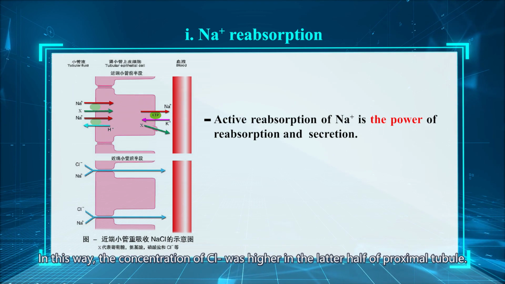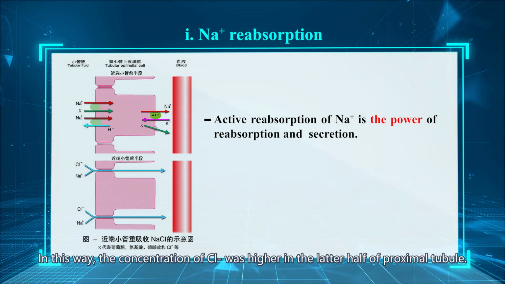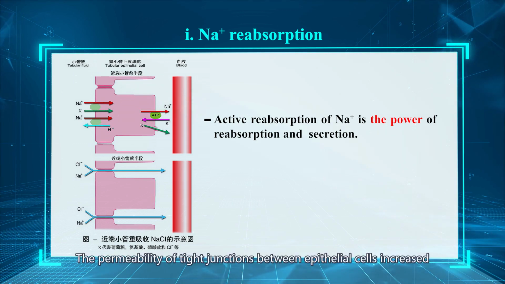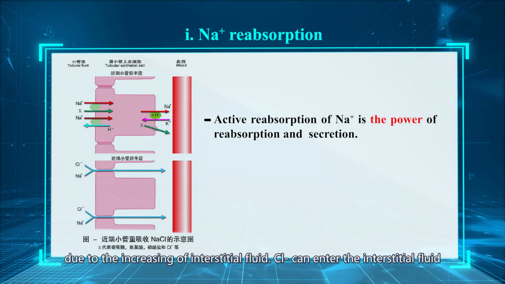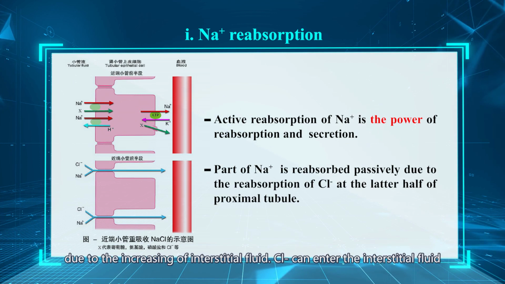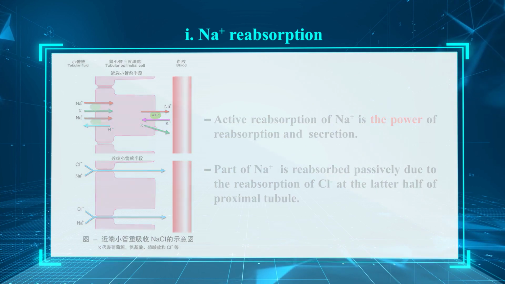In this way, the concentration of chloride is higher in the latter half of the proximal tubule. The permeability of the tight junction between epithelial cells increases due to the increasing interstitial fluid. Chloride can enter the interstitial fluid directly through the pericellular pathway, making part of the sodium reabsorbed passively.